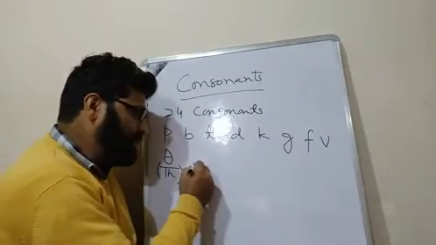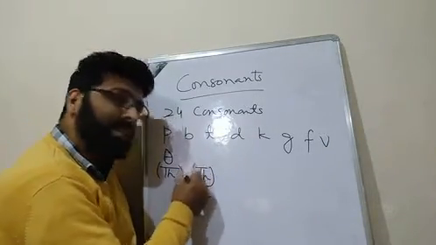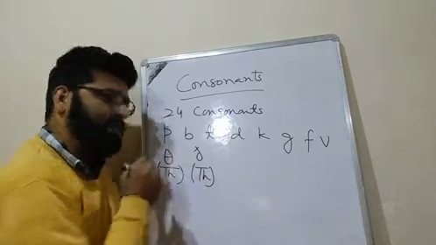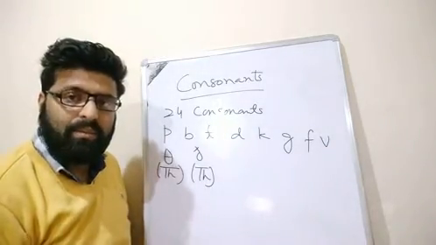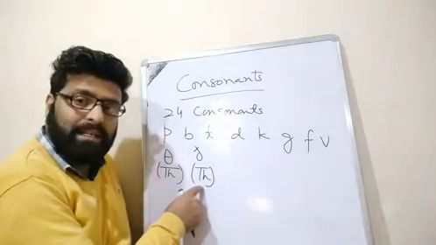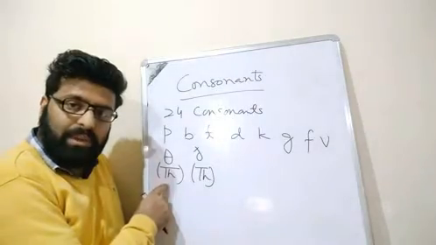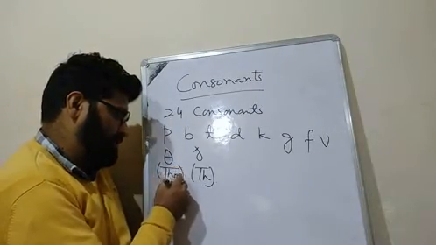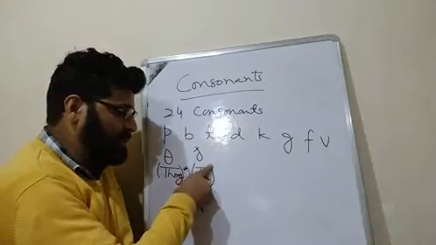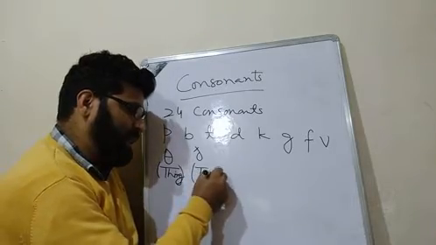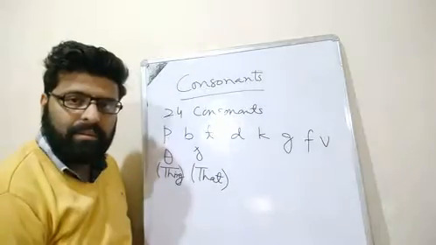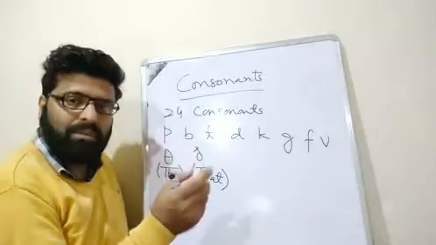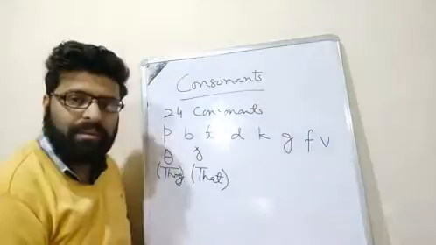And when th gives the sound of the, that time it's written like this. For example, in that. Here th gives the sound of th, thing. And here th gives the sound of the, that. The symbol for th is like this, theta, and the symbol for the is this.